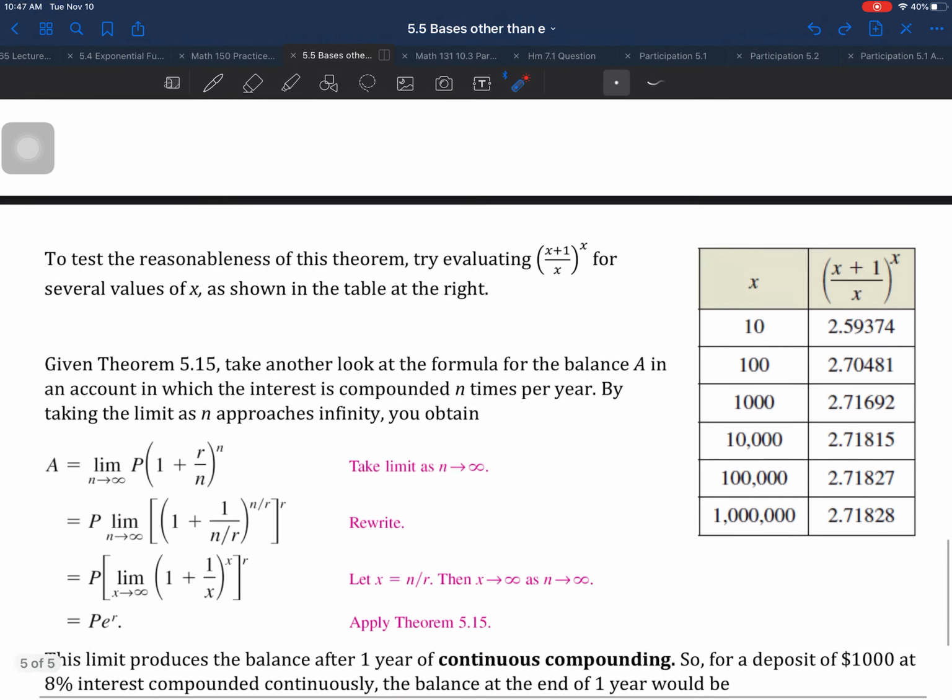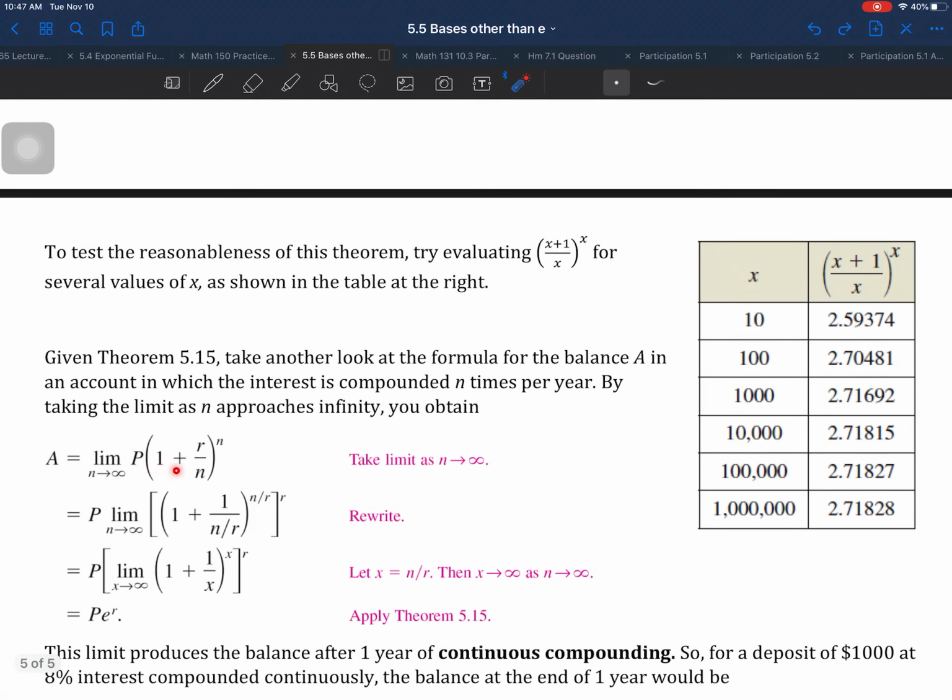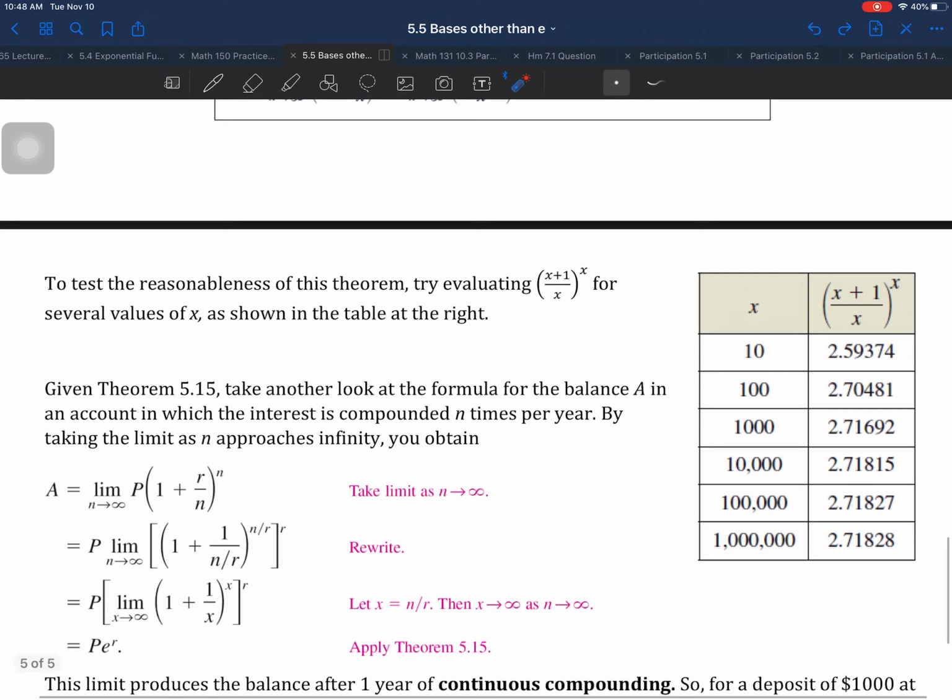So let's see if we have that here. So P times 1 plus r over n to the n. We're going to factor out the P because P does not matter here. We need this to become x, right? We're gonna have this become an x, this become an x as x goes to infinity.